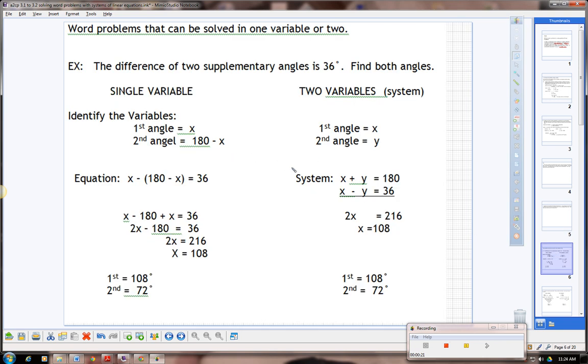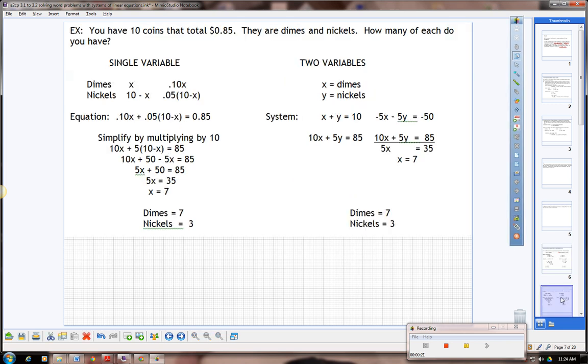The two examples that you were supposed to look at last night was, one, given the difference of two supplementary angles is 36 degrees, find both angles. Now, you can solve this with a single variable system, Miss Buzzio is very good at doing that, or you can use two variables. We are focusing on the two variable system. That's what's going to create our system of equations.